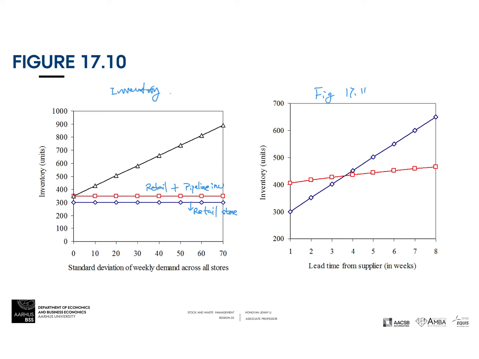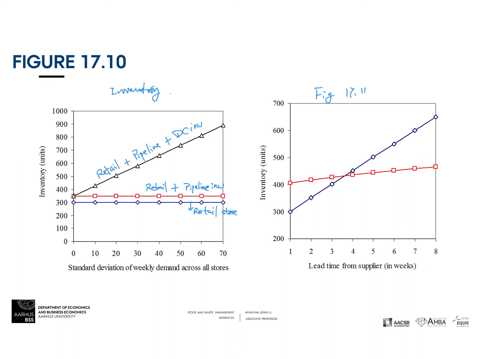So if you add this distribution centers inventories, then we got a total inventories. So here this triangular black curve shows the retailer or store level inventory plus pipeline inventory, and then plus DC inventory.